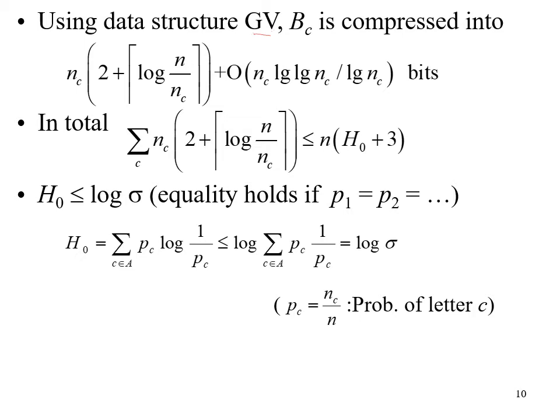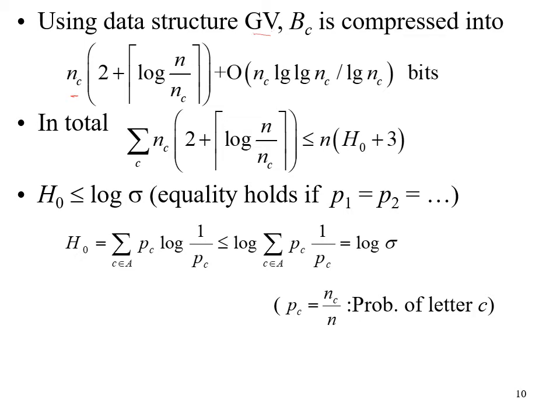We can compress B sub C in NC times 2 plus log of n over NC plus order NC log NC over log NC bits for each character C. Then the total space is the summation of this term.